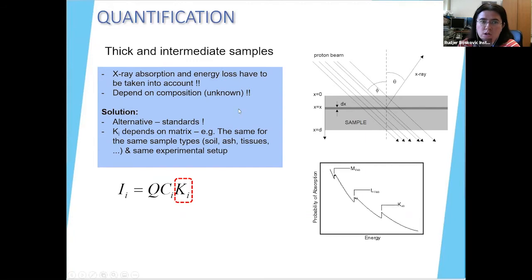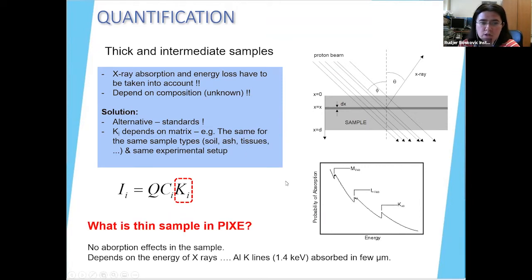Also, an alternative is using standards: you first measure the standards, obtain some parameters, and then use these same parameters to calculate concentration in your samples, for which it is advisable that the standards are as similar as possible to your samples.